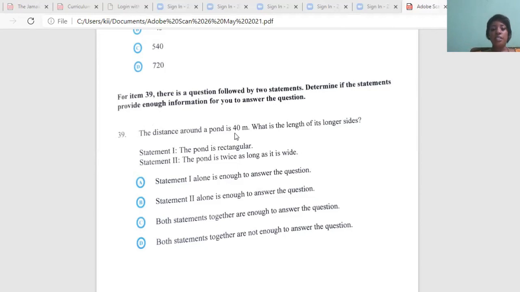The distance around a pond is 40 meters. What is the length of its longer sides?